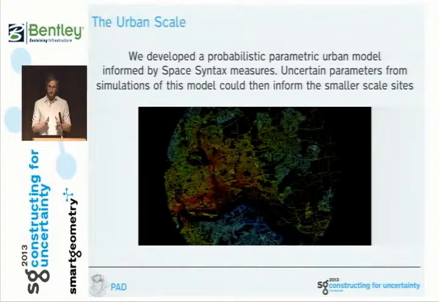But after a while we got a quite different starting point. We started looking at space syntax measures instead and saw how that informed our parametric model.